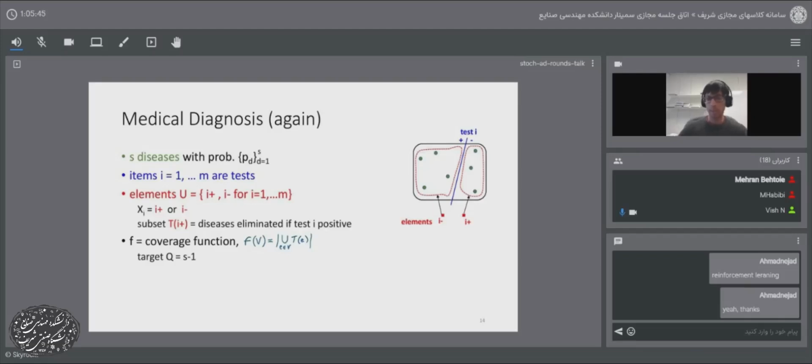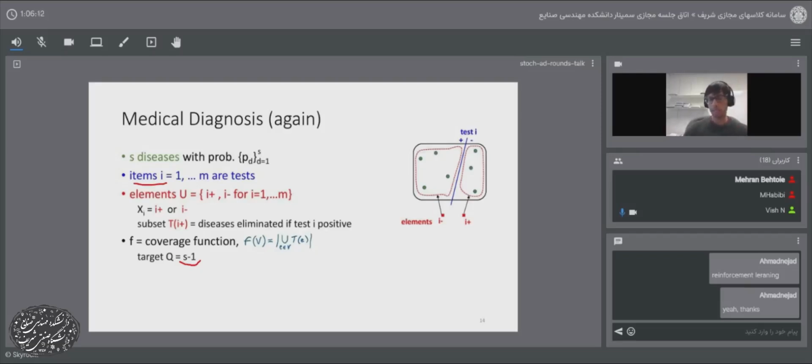So clearly, to identify a disease uniquely, we want to eliminate all but one disease. So we have to eliminate S minus one diseases. So the maximal function value will be S minus one, and that's going to be our target. So the goal would be to select these items or perform tests so that we eliminate all but one disease.